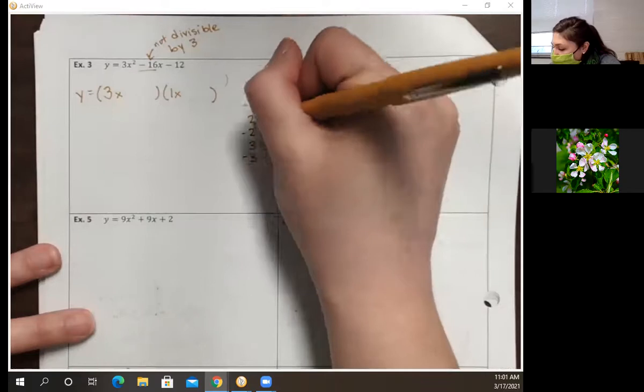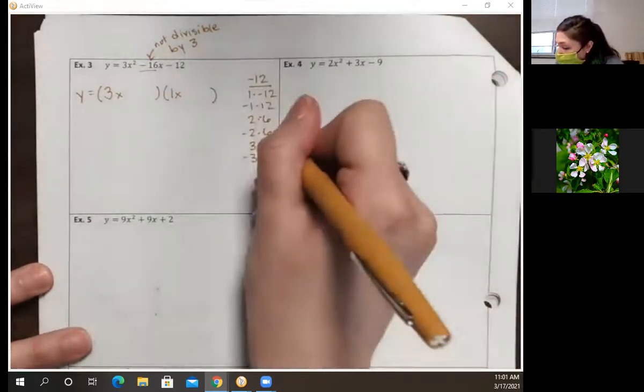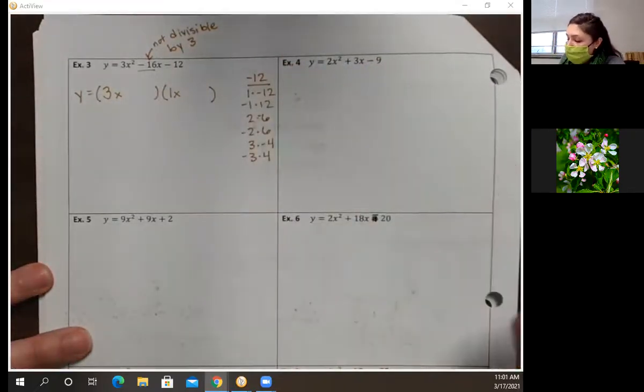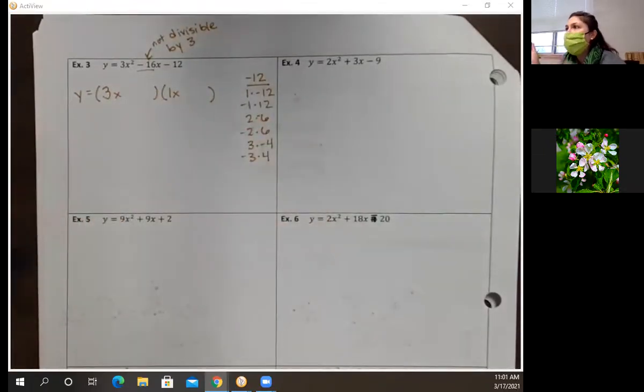So out of my list of factors, I'm going to pick a pair, whichever pair that ends up being, so that when I multiply one of them by 3 and then add them together, I get negative 16. Does that difference make sense from yesterday?